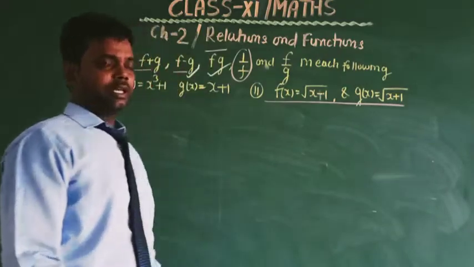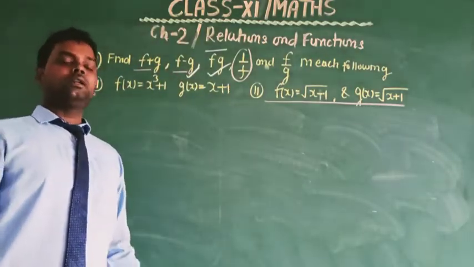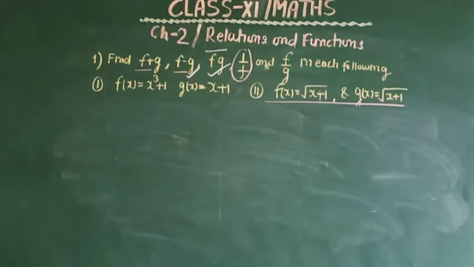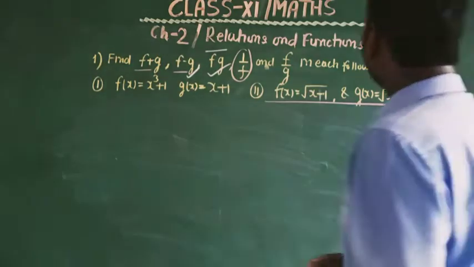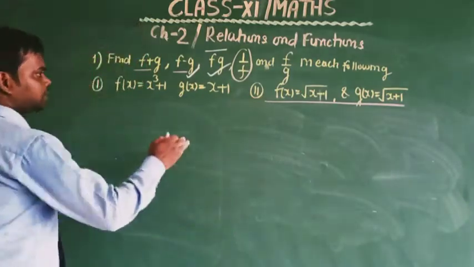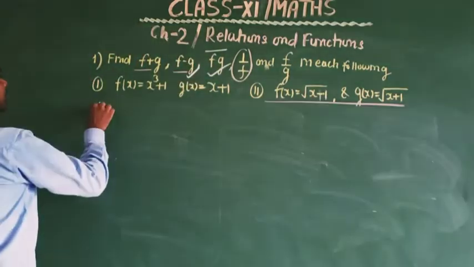In this function fx equals square root x minus 1, gx equals square root x plus 1. So first, find the domain of fx.